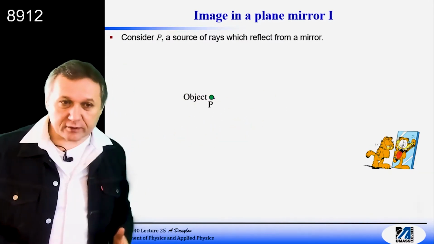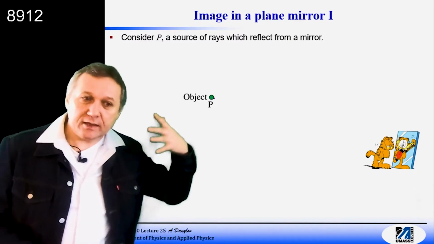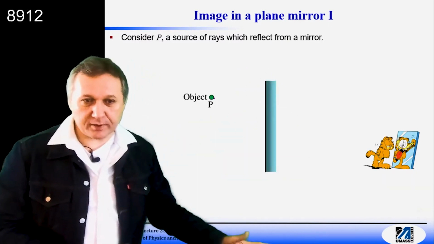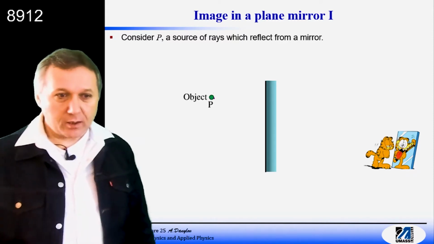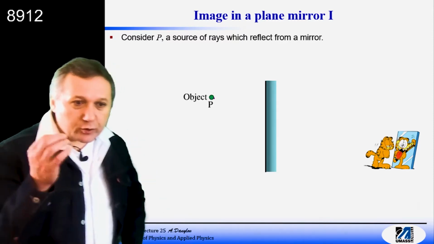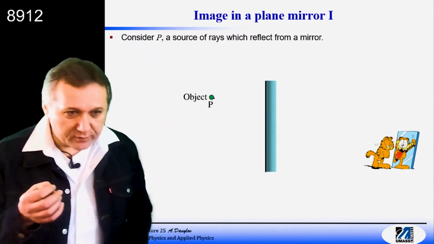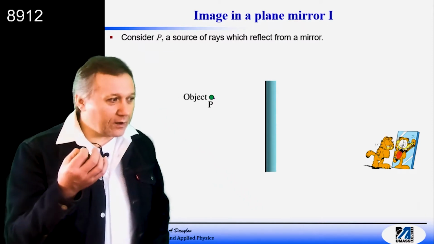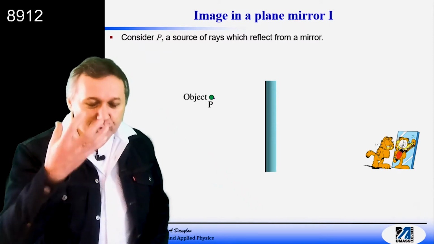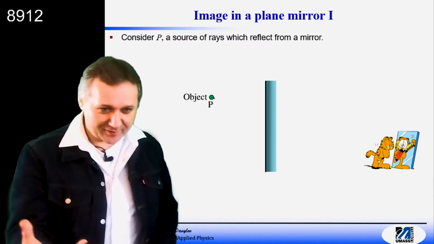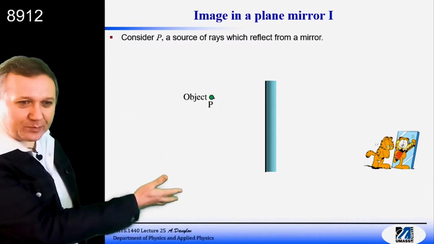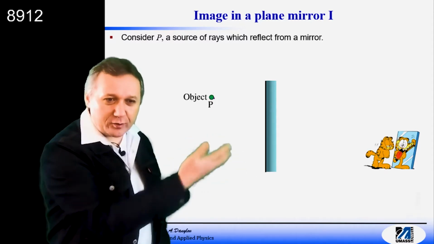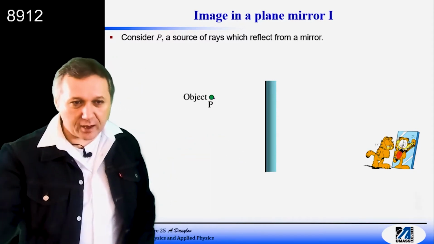Since we want to discuss image formation in a mirror, let's pick a mirror. So this is our mirror. In order to see an image, you need to have a detector. Without putting a detector in this picture, there's nothing to discuss. So the detector is our eye.